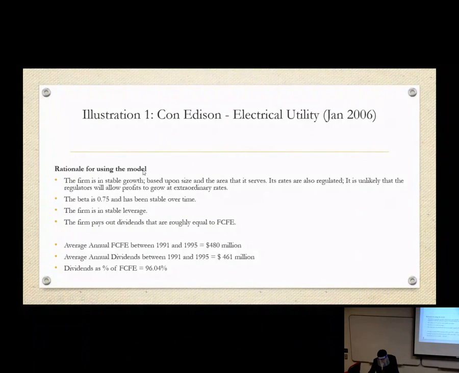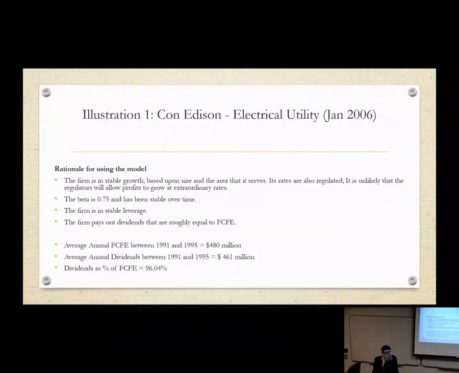The company is in stable growth based upon the size and area it serves. Its rates are also regulated. I mean, you won't expect huge revenue growth from a utility company because the price is highly regulated. It's unlikely the regulator will allow profits to grow at extraordinary rates.